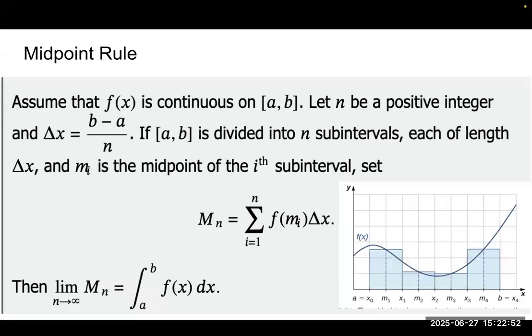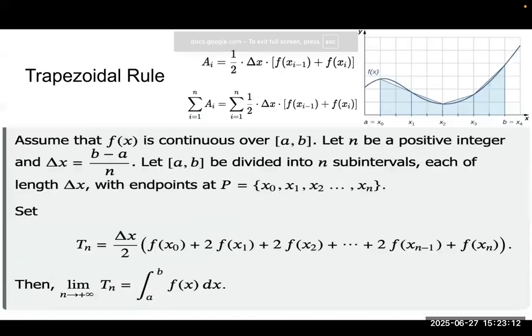Then the error will be less. There are other integration rules. I'm not sure if we'll be able to get to Simpson, but the trapezoidal rule is another one that is very easy to understand, and it contrasts well here. So are you planning to tell a little bit about trapezoidal? Yes.